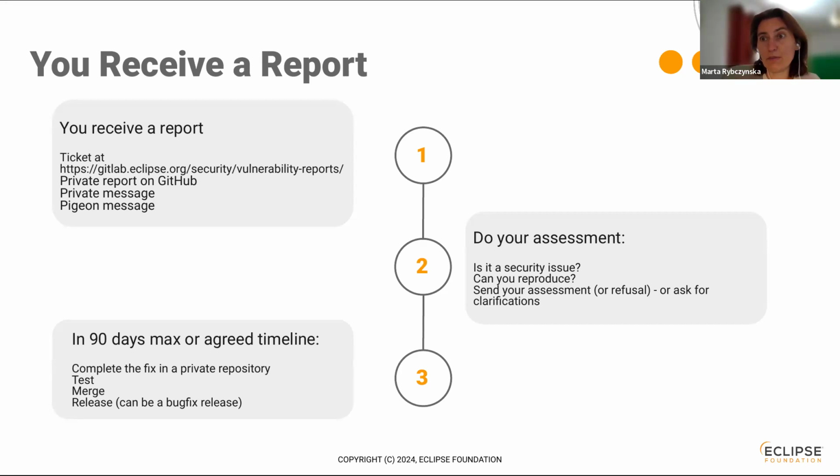The first important question is: is it really a security issue? Does it affect confidentiality, integrity, or availability of your project? If it does, it's a security issue. If it doesn't affect those properties, then it's a typical bug, so you can downgrade the ticket to a typical bug and process it as a typical bug.